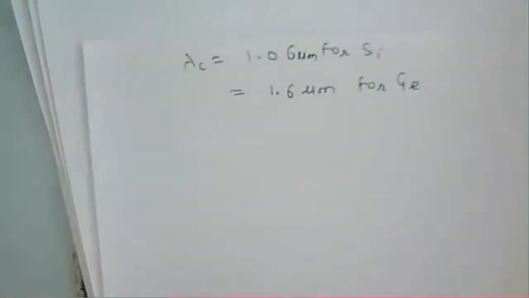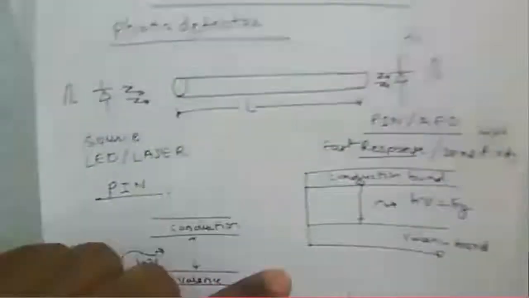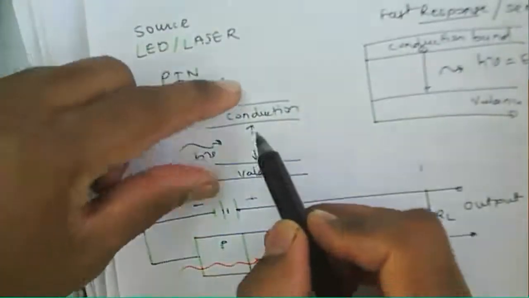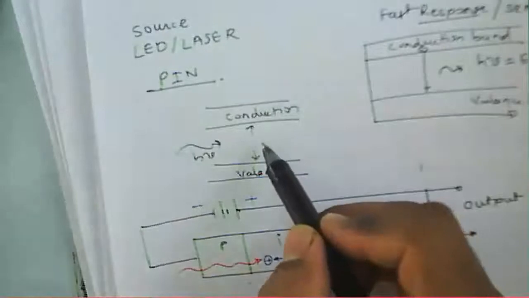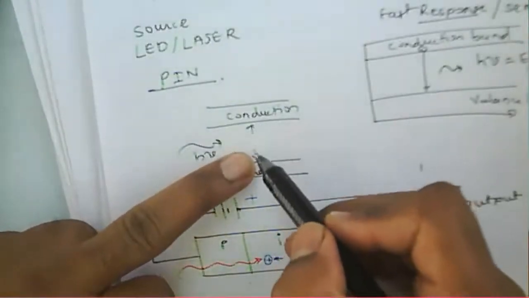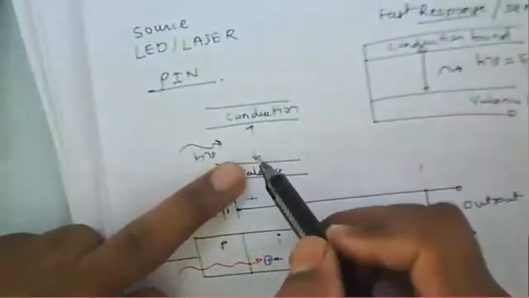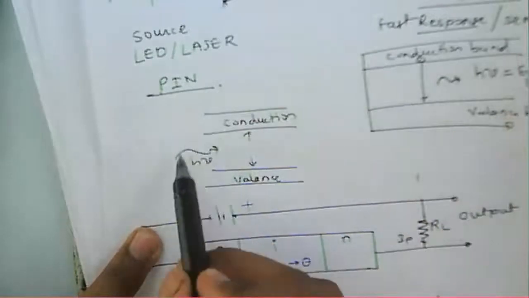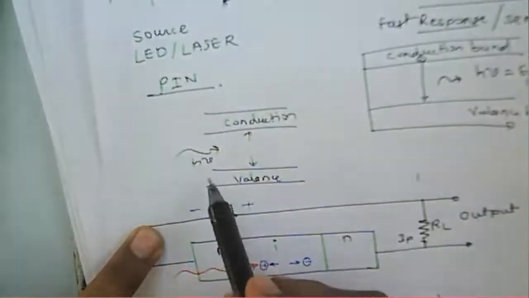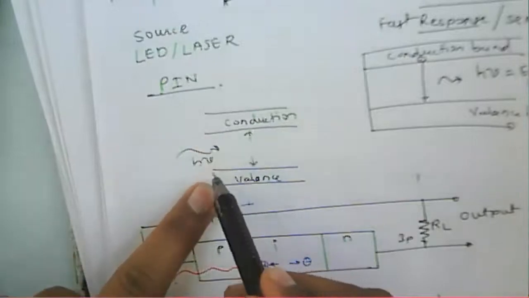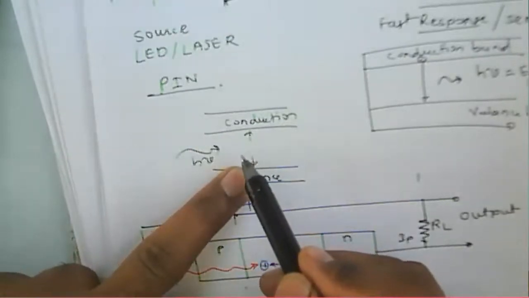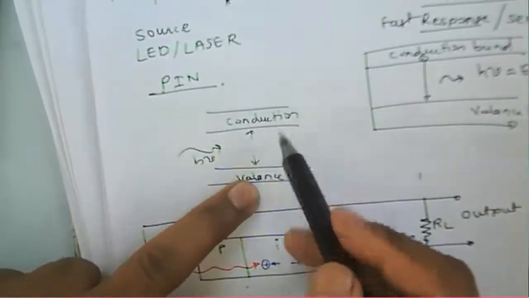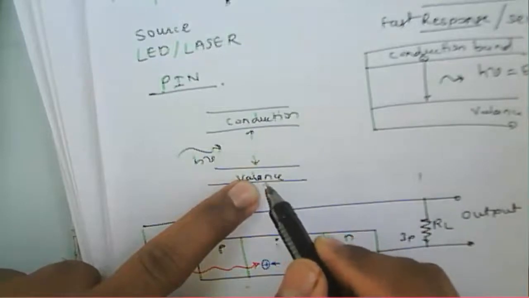Now, why do we require this cutoff wavelength? Because when a photon is incident inside the intrinsic material, it will generate the electron and hole pair. If the wavelength is long for the given material, then when light falls on it, the photon energy is not sufficient to excite the electron and hole from the valence band to the conduction band.